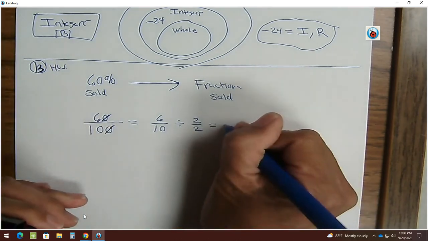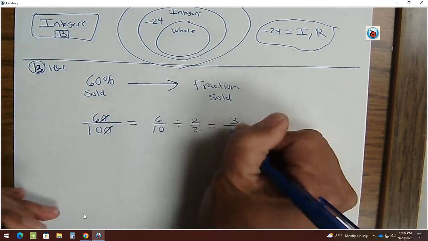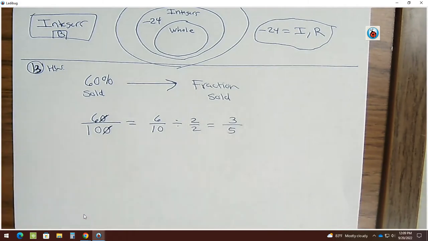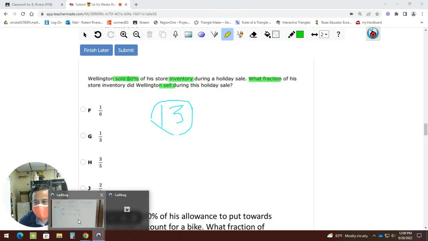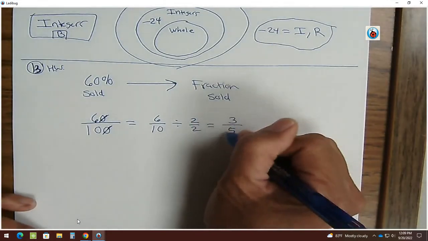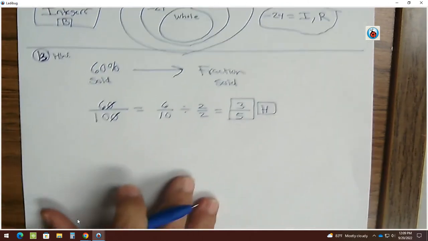So I'm going to say here, 3. 2 times what gives me 10? 5. I'm going to say here 5. Now let me check if that's now simplified. Let me go to my choices. Do you see it there now? And the answer is letter H. That's one way to do this.